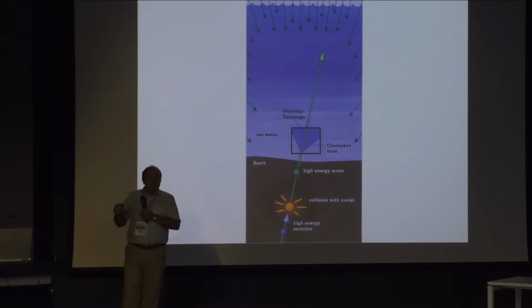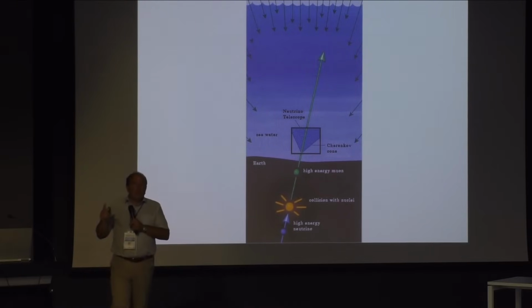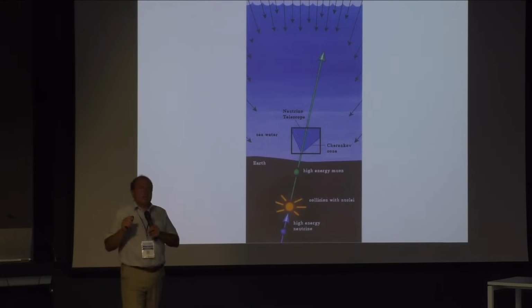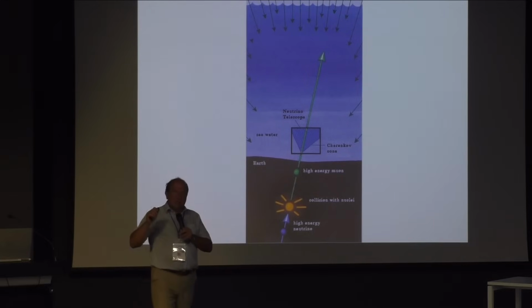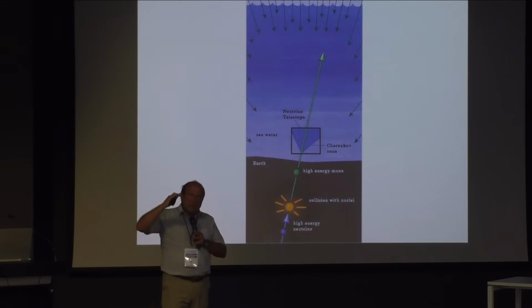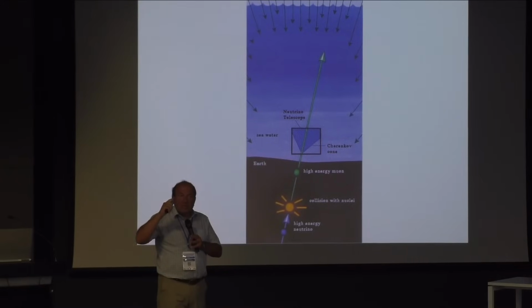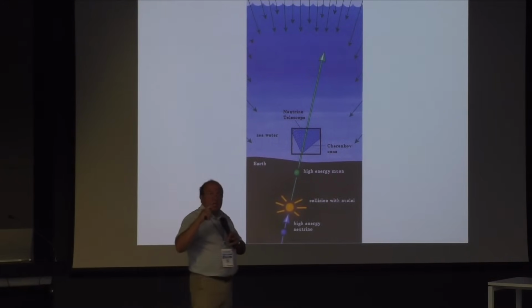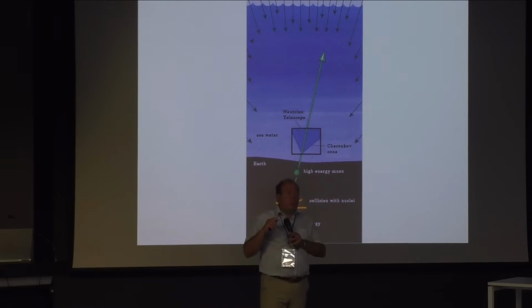Why? Because the muon is moving at about 80% of the speed of light, while in the seawater the speed of light drops significantly. In principle, it is divided by the refraction index of the medium.